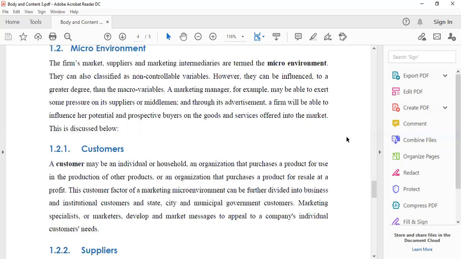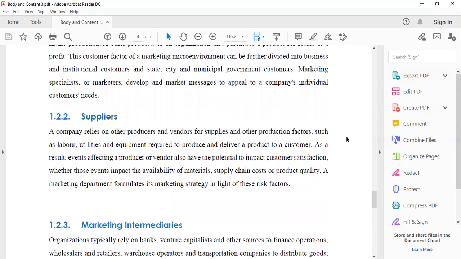We could possibly get them to agree with you that, okay, we'll supply you this and then you could pay over time. So there is a level of influence that the marketer could exert on the institutional customers to be able to achieve the marketing objectives. The same thing applies to suppliers.